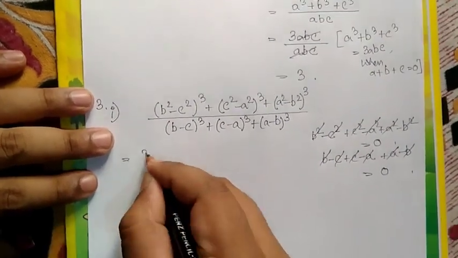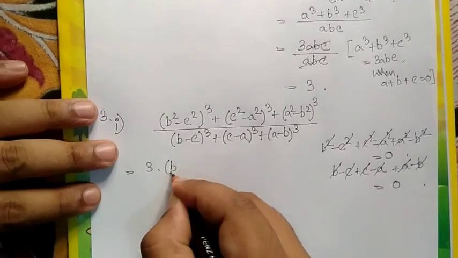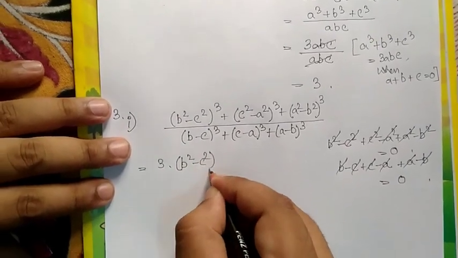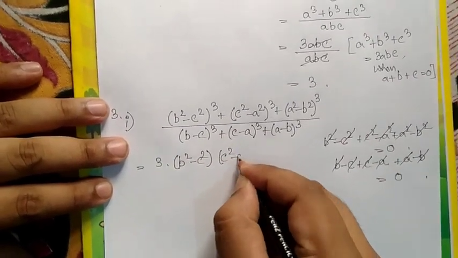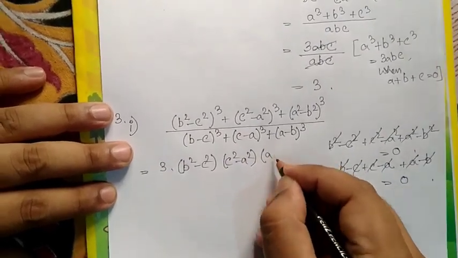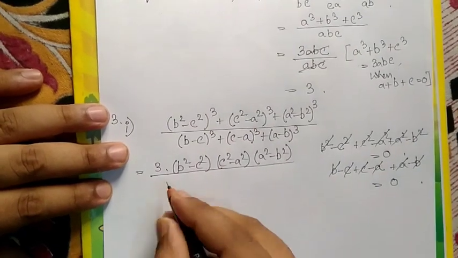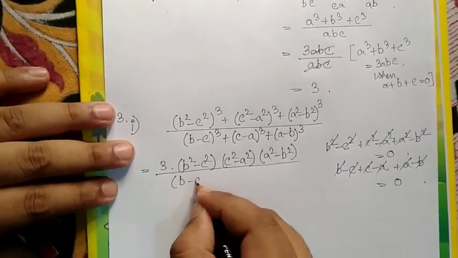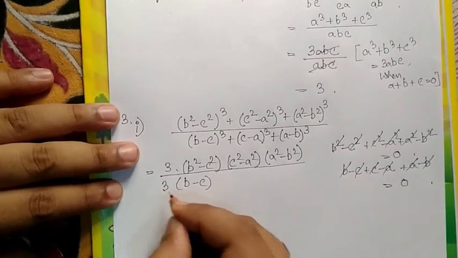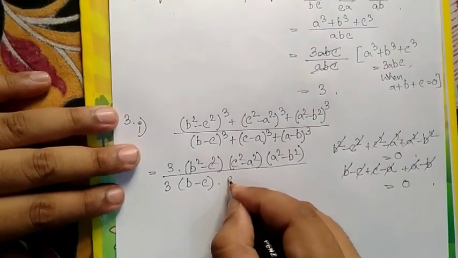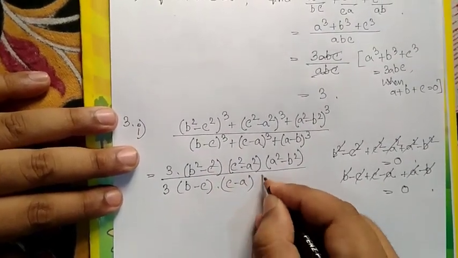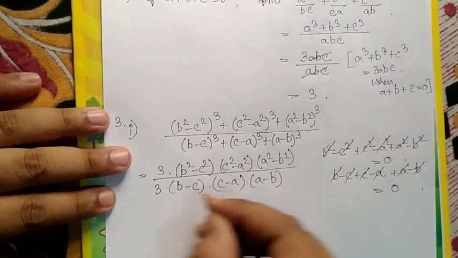3xyz, the answer should be like this: 3 into b square minus c square, c square minus a square, a square minus b square, over b minus c, 3 into b minus c into c minus a into a minus b.